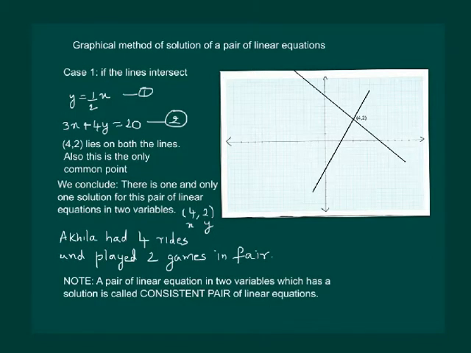Also note that a pair of linear equations in two variables which has a solution is called a consistent pair of linear equations. Since equation 1 and equation 2 have a solution, they are a consistent pair of linear equations.